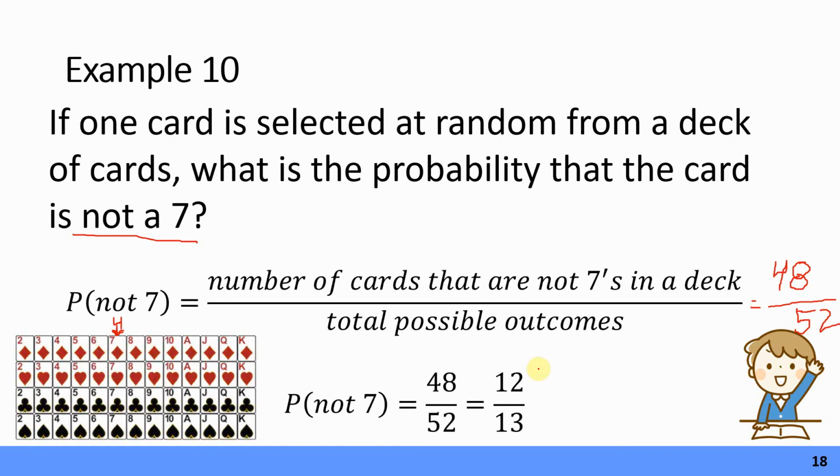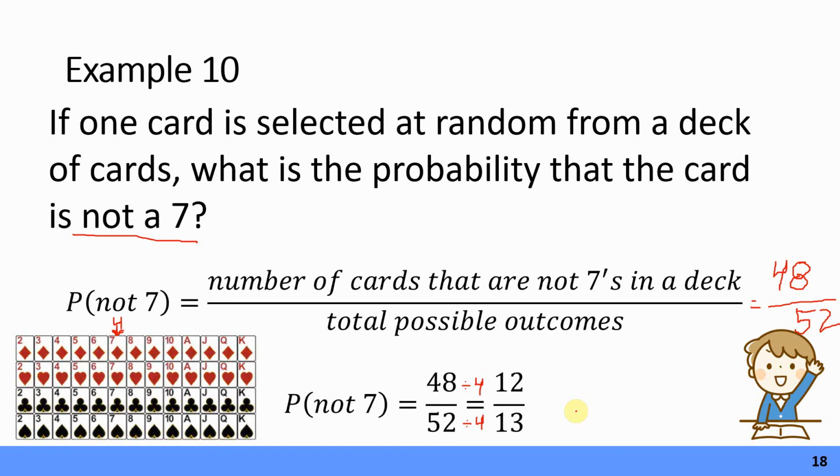You should know how to simplify, but if you can't, both of these numbers can be divided by 4. So that's how we got the 12 over 13. Some of your calculators will simplify a fraction for you. You're more than welcome to do so, but I just want to make sure your answer is always simplified. So my answer for this one is 12 over 13.